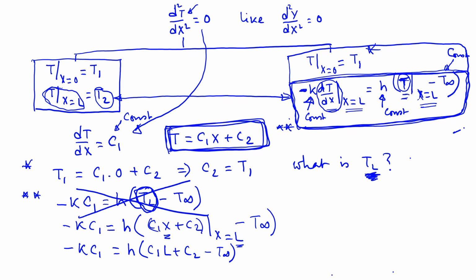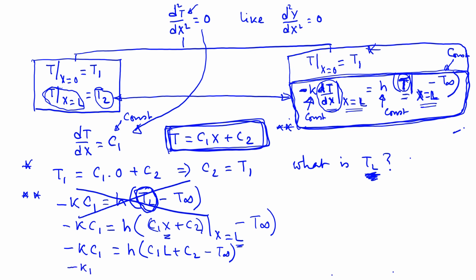And this is the part that we need to be careful with in using this kind of boundary condition, because what it's saying is, this term is T evaluated at x equal to L, just like here dT/dx evaluated at x equal to L. And so now we can complete the algebra. Our purpose is to solve for C1.